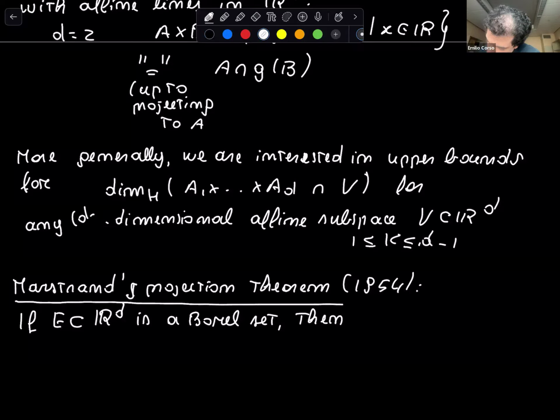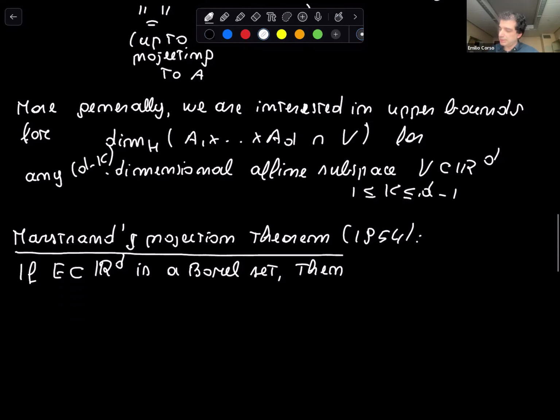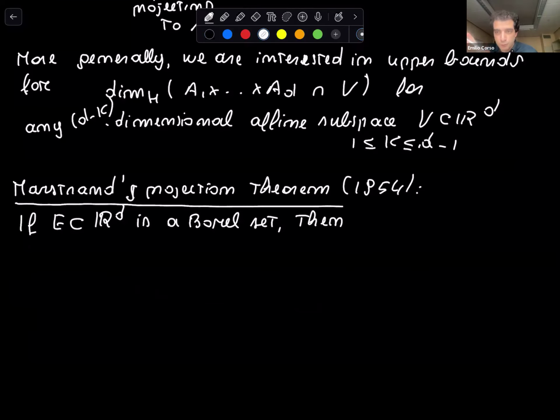So let me say D minus k dimension, I parameterize it by the codimension, so that now for the projection, I can really talk about projection onto k-dimensional spaces.